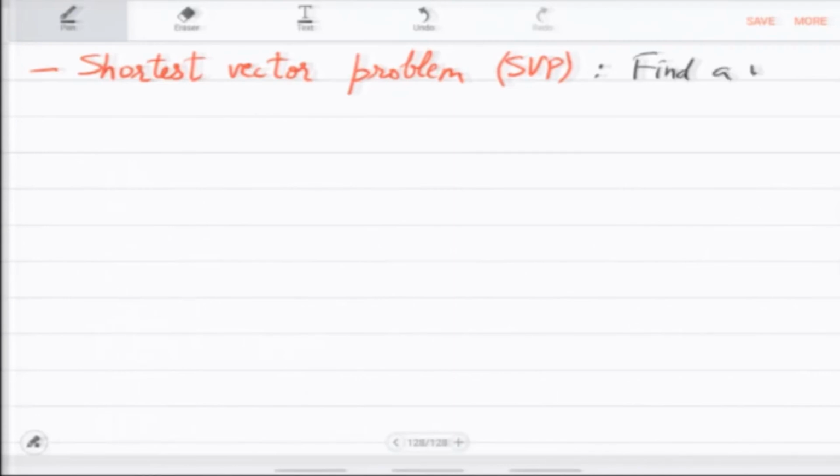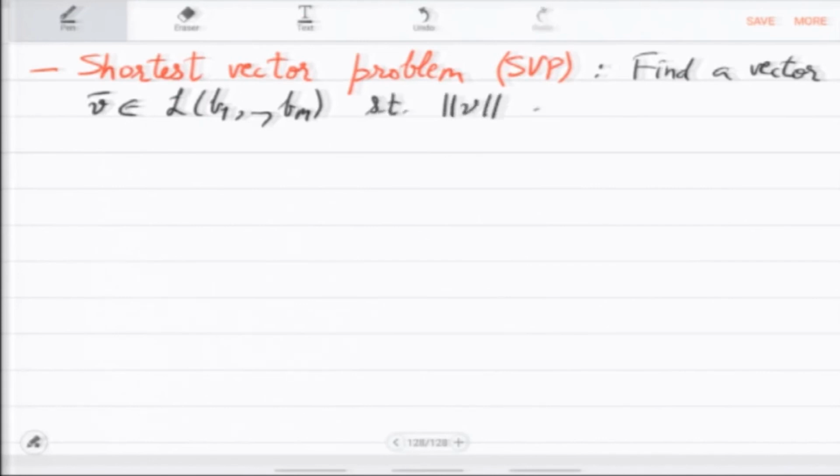Find a vector V in the lattice such that the norm of V is minimized. So let me write this properly: such that the norm of V is equal to the minimum over all the norms.